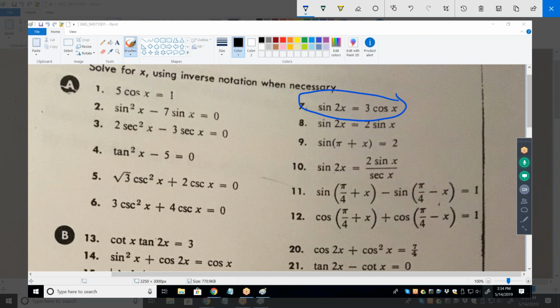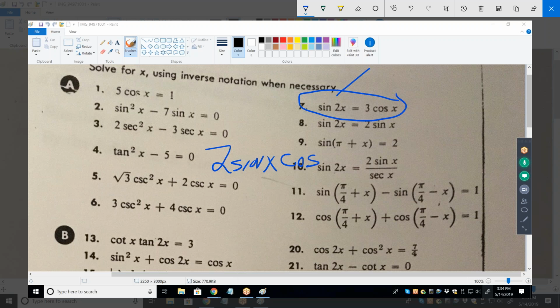Well, specifically what? This is sine of 2x. So we would use the identity for the double angle for sine of double angle. Is that 2 sine x cosine x, or is that cosine 2x? You got it.